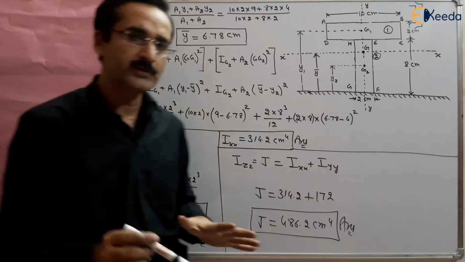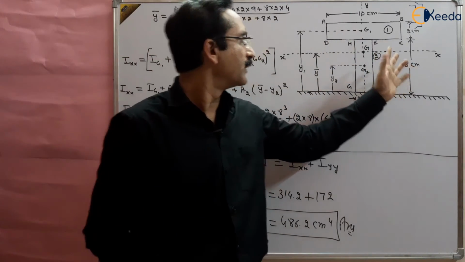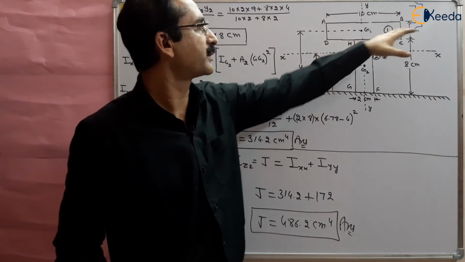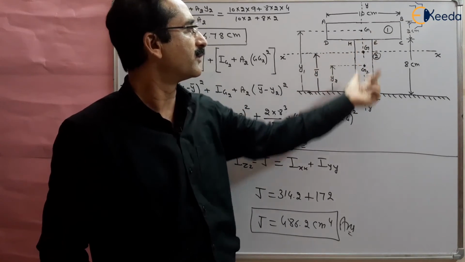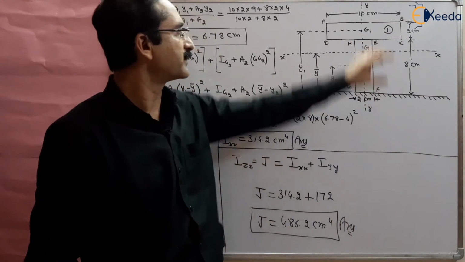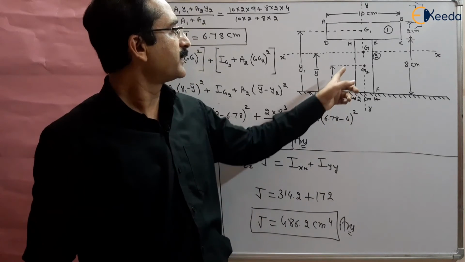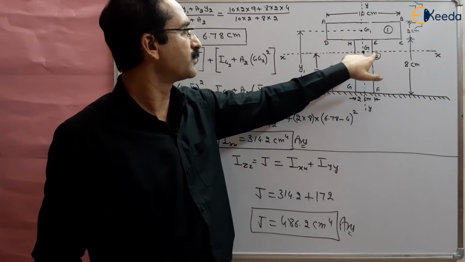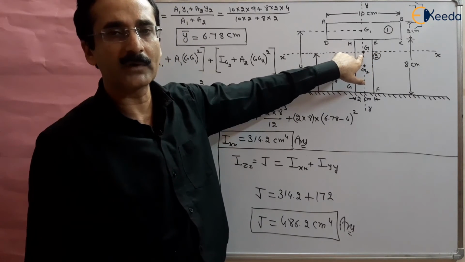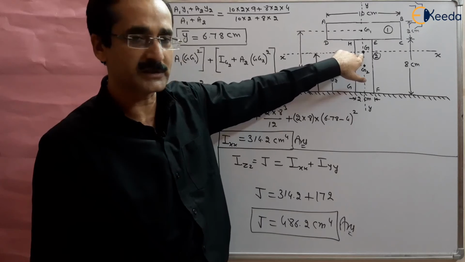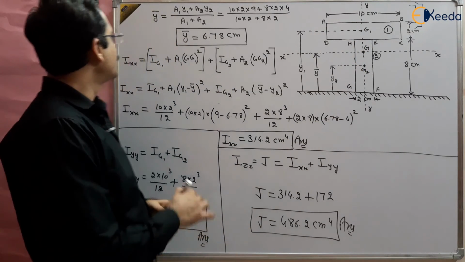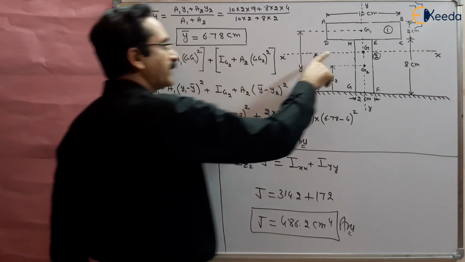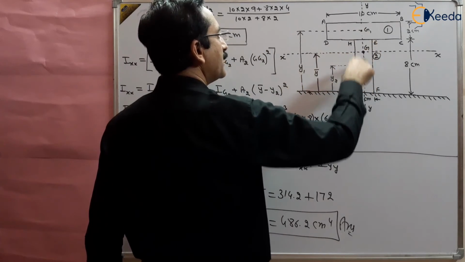So how did we solve this question? We have a T section, which we divided into two parts: the upper rectangle, the flange, and the web part. Then we took the centroid of each, and assumed the centroid of the whole figure passes through point G. We used the parallel axis theorem to find Ixx, because Ixx is not passing through the centroid of the body.